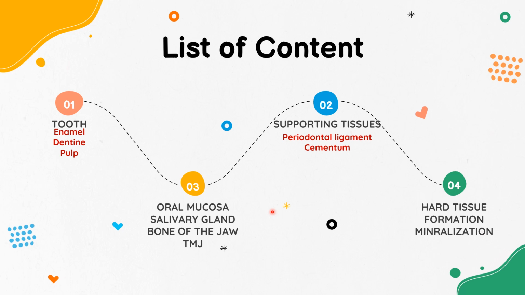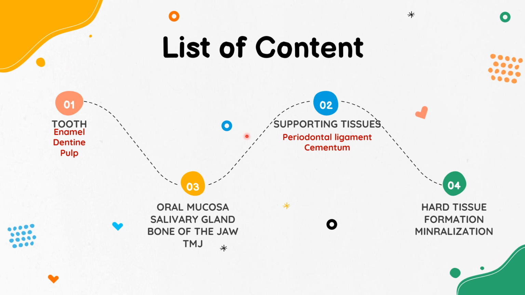Then we'll start the third part, which consists of the surrounding structures of the tooth that involves salivary gland, oral mucosa, bone of the jaw, and TMJ, that is temporomandibular joint. The fourth part, also the last part, will consist of hard tissue formation and its mineralization. Okay, so this chapter consists of four parts.